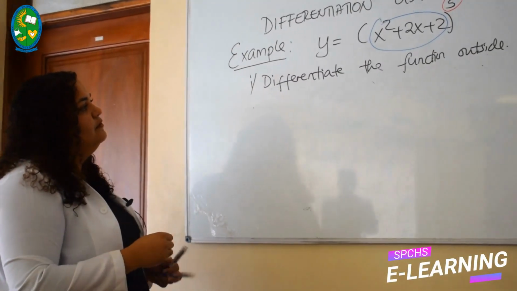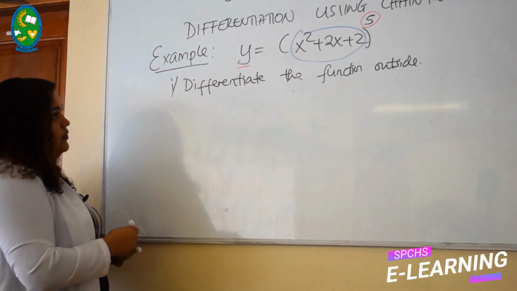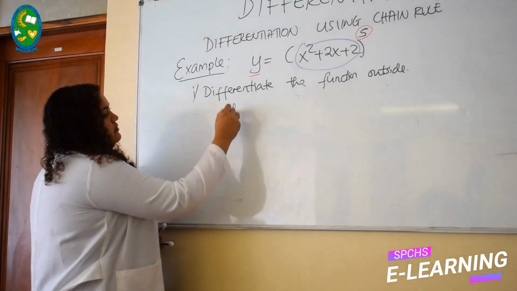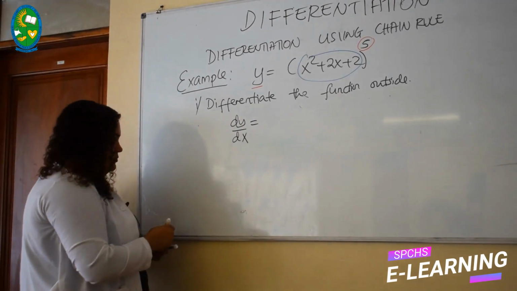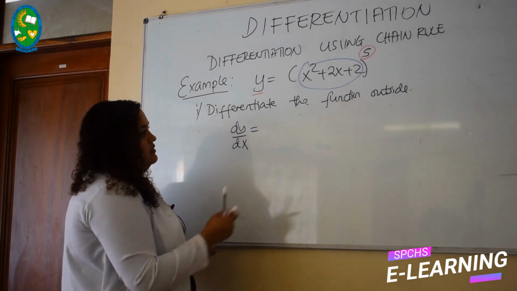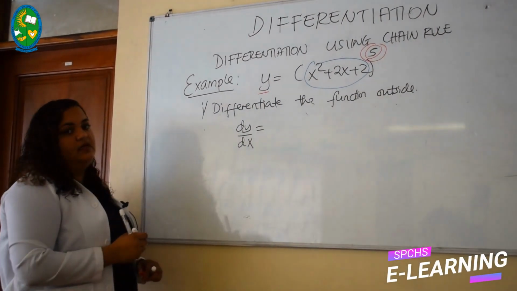So we have this part of the equation, we have y. When you differentiate y, what do you get? You get dy dx. So dy dx equals to differentiating the function outside. That means looking at this function here, I'm recircling it again for you to see.